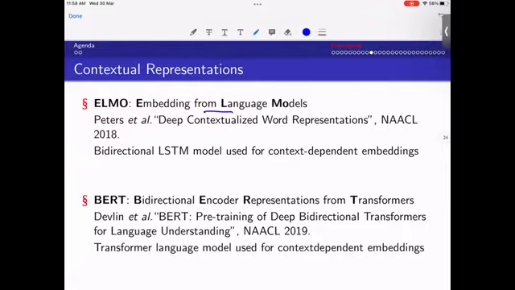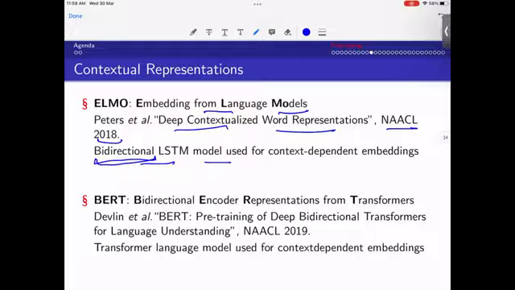Embeddings from language models is ELMo. It was a paper, Deep Contextualized Word Representations, from NAACL 2018, the North American chapter of the Association for Computational Linguistics. It's a very prestigious conference on NLP. It's a bidirectional LSTM model. Now, what do we mean by bidirectional LSTM?